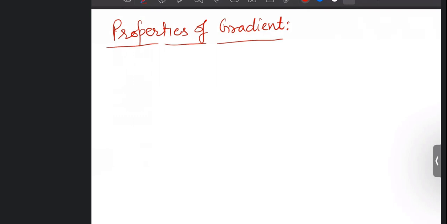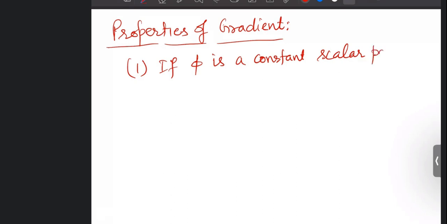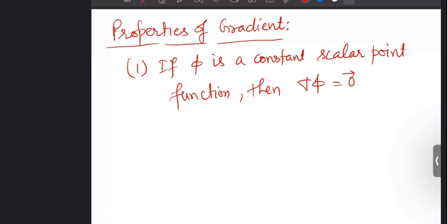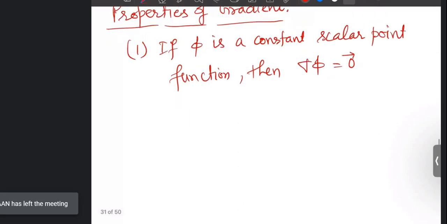First property: if phi is a constant scalar point function, then the gradient of phi will become the zero vector, because the gradient is a differential operator and differentiation of a constant function is 0.